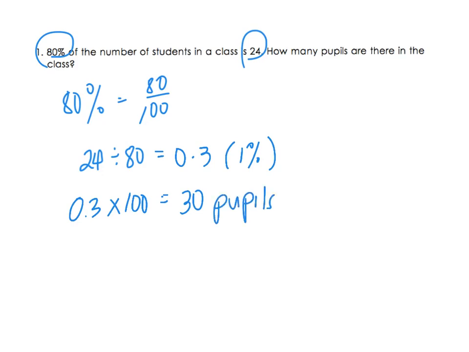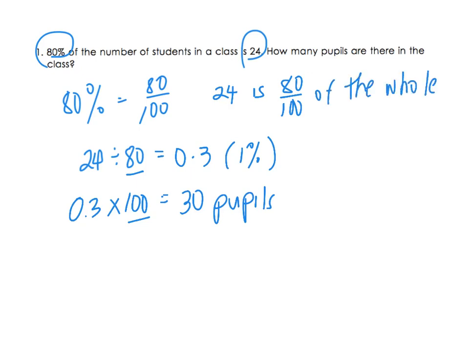Now, you might ask if there are other methods to solve for this. We remember that we are going to divide by 80 parts and then multiply by 100 parts for whatever the result may be. We also know that 24 is 80 over 100 of the whole class.